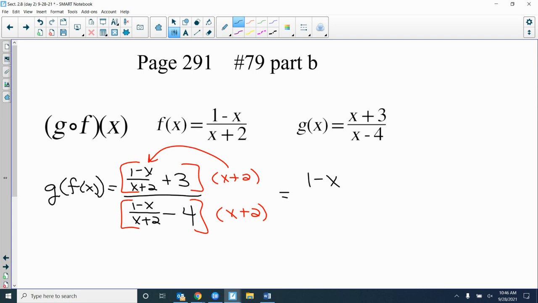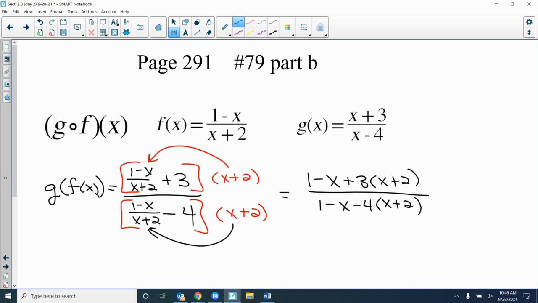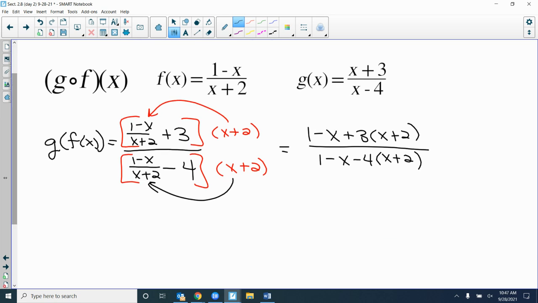Well, now you have to take 3 times x plus 2. We're not going to get the common denominator. We're just eliminating the denominator. Plus 3 times x plus 2. Well, how's the denominator going to look here? So x plus 2 times this, what's going to happen to the x plus 2's? Cancel, and I'm left with 1 minus x minus 4 times x plus 2. So it gets rid of that denominator, boom, right away.